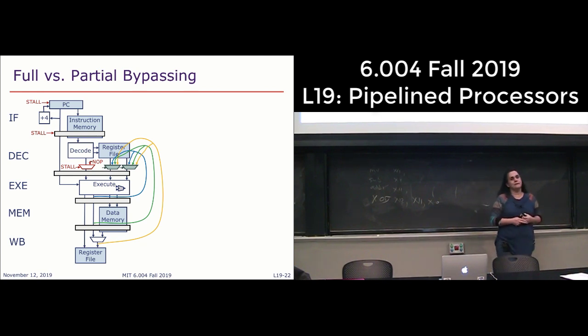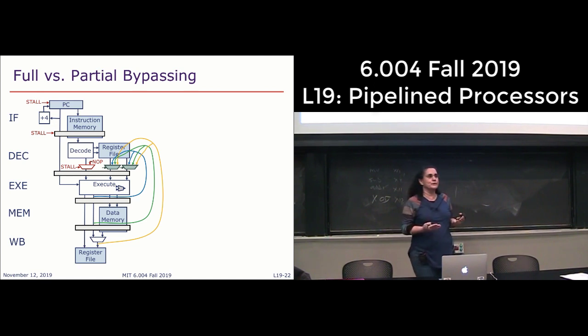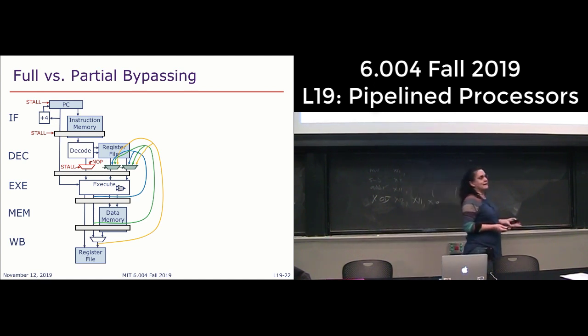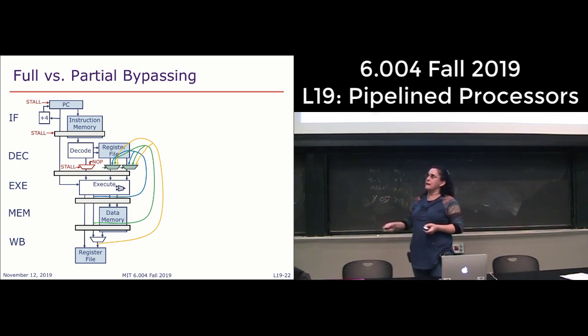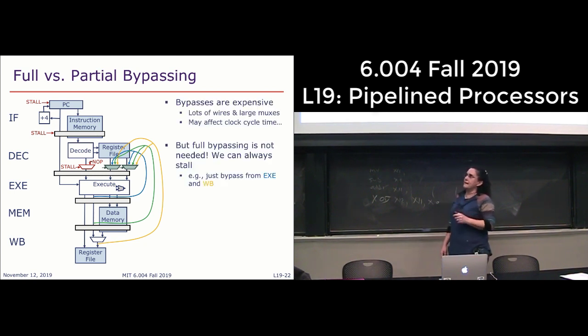Okay, now bypassing is great because it helps us keep our pipeline full, but the problem with it is that it's expensive. So instead of implementing all three of these bypass paths, it's perfectly reasonable to, let's say, implement just two of them. So suppose that instead of having all three, I got rid of this one that came from the memory.